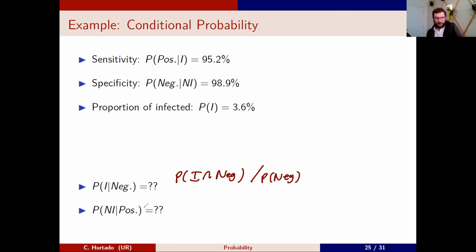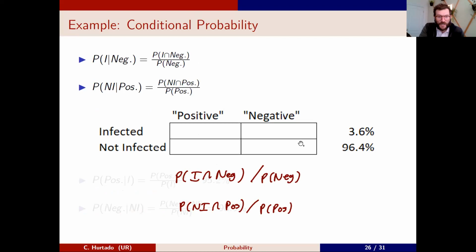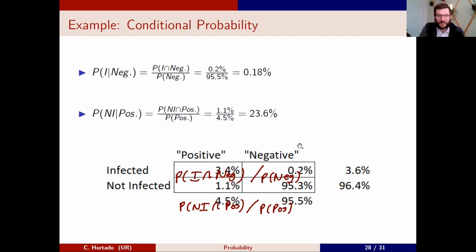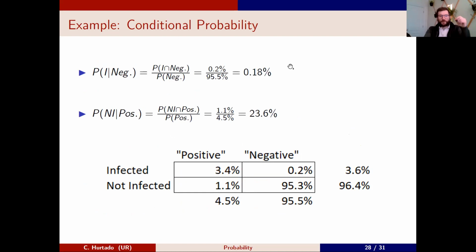And then for this one, the probability of not infected given positive would be the probability of not infected and positive over the probability of positive. But we already have all of those pieces of information in the table that I just computed, the so-called joint probability, right?